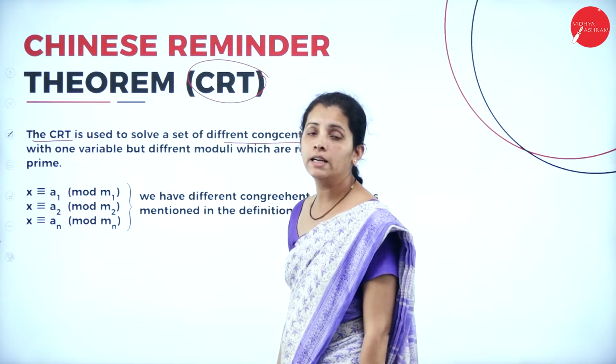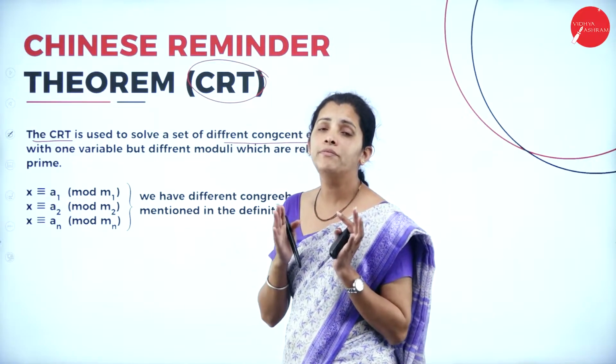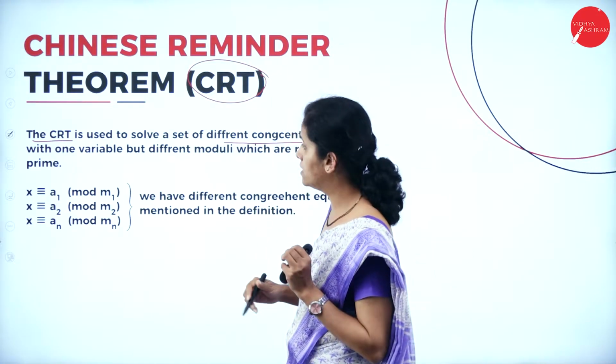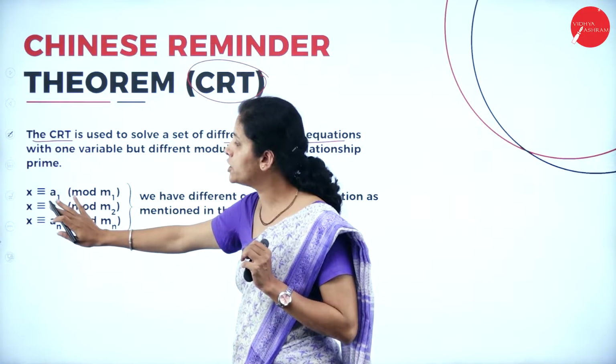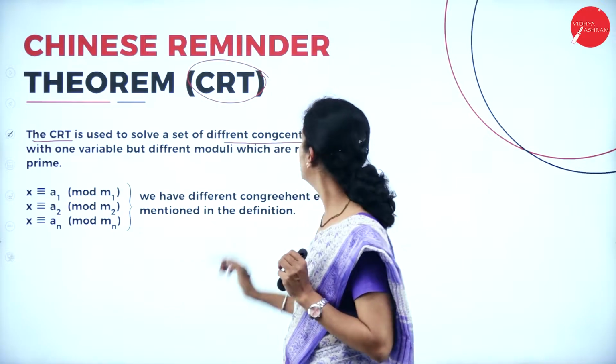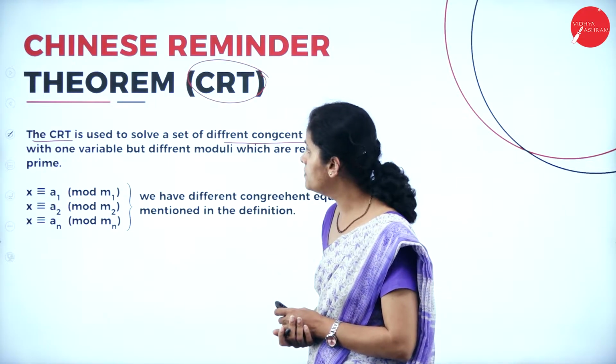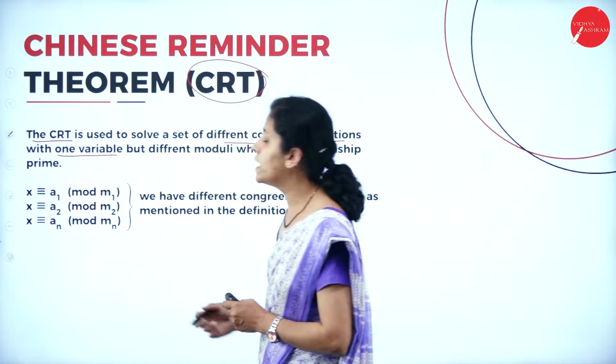As the statement itself indicates, it is mainly used to solve different sets of congruences, and if I consider this equation, I'm going to have different congruence equations with one variable.